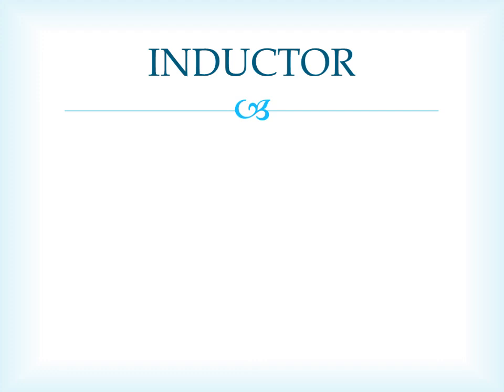Let us start with the understanding of the inductor. Basically the inductor acts as an energy storage device in DC to DC choppers. It stores energy in electromagnetic form. So we need to know what happens if there is periodic current and voltage across the inductor. What does that mean?